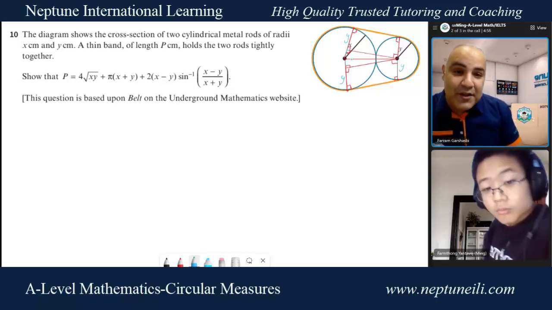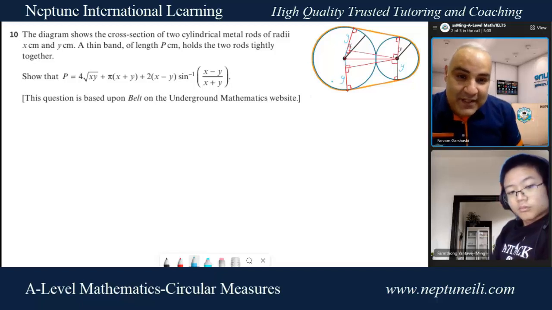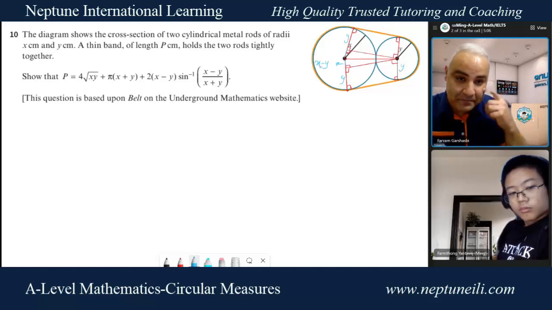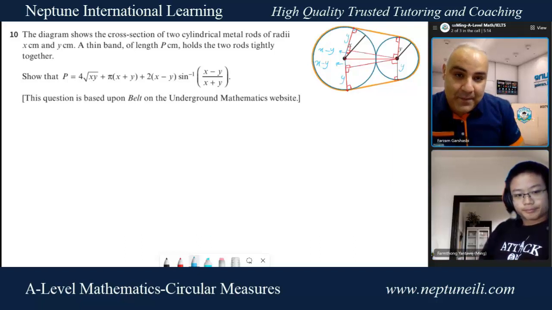Because we know the radius of the big circle is x, yeah? So this small one becomes x minus y, correct? And this one also becomes x minus y. x is the big radius minus the small radius.